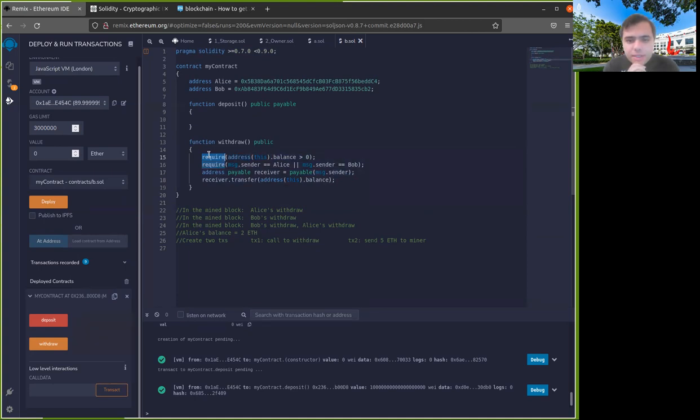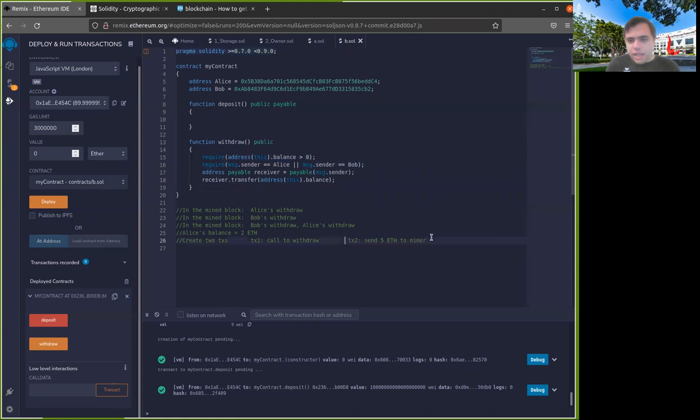But again, this will not really change it that much. From the point of view of the miner, yes, the second transaction is going to use less gas because it fails in this require. So now it makes sense to put the transaction that is paying more per unit of gas first. But this is a very small change, since you're paying very little gas for this whole withdrawal function.